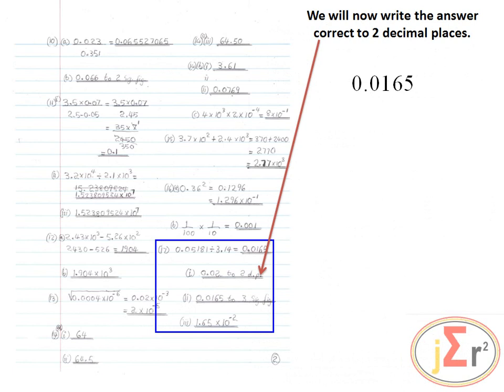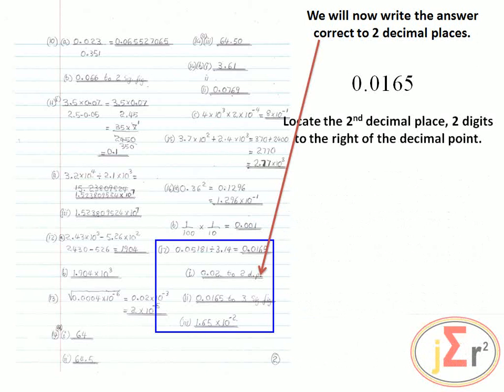We will now write the answer correct to 2 decimal places. Locate the second decimal place, 2 digits to the right of the decimal point. Now that 0 is important because it is occupying a decimal place.